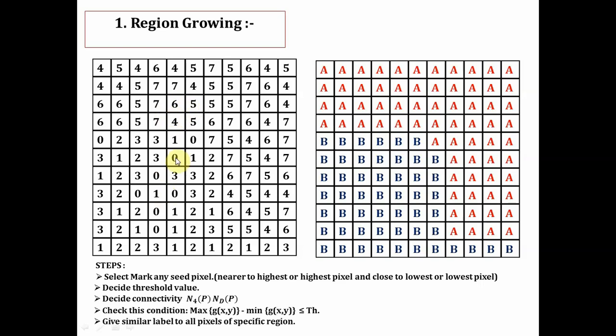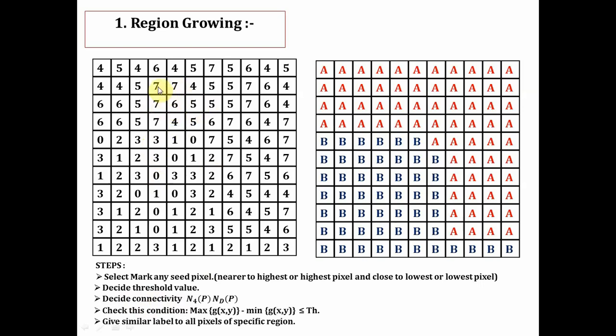Maybe if you don't get any seed pixel in the examination, you need to select the seed pixel. You can select any seed pixel, whatever you want, in your region growing based problem. Then you need to decide the connectivity, that is 4-point connectivity. If you're considering 6 as a target pixel, you need to consider the 4-point connectivity: 7, 7, 4, 5. These are the 4-point connectivity, that is above, below, left-hand side, right-hand side.